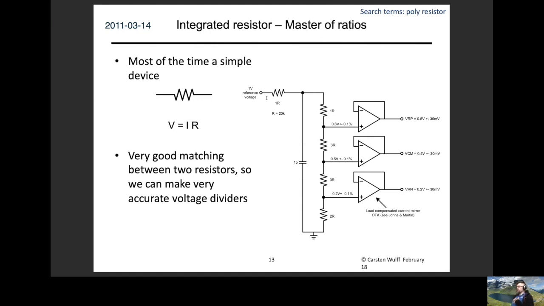So I can actually, with a simple resistor ladder like this, so if I have 1 volt here, ensure that you have 0.8 plus minus 0.1% and 0.2 plus minus 0.1%. Now, if this voltage changes, go from 1.1 to 1.2, then of course these will change. But the relation between them, or the division between them, will be extremely accurate. And that's a very, very nice feature of integrated resistors. Horrible absolute accuracy, extremely good relative accuracy.